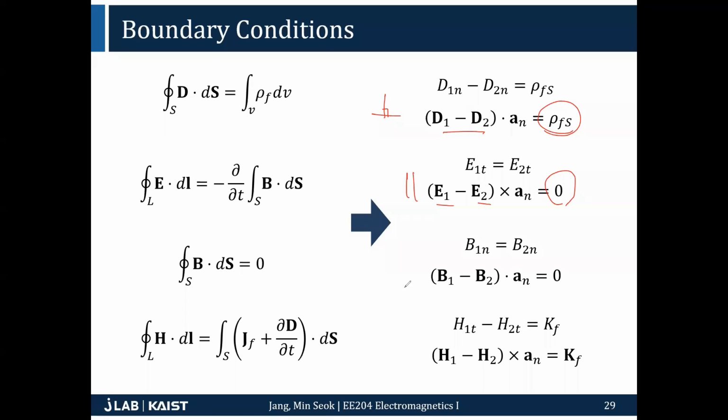The surface normal B field must be continuous. And the surface parallel H field can be discontinuous by the surface free current amount. So these are what we already knew from our previous discussions.